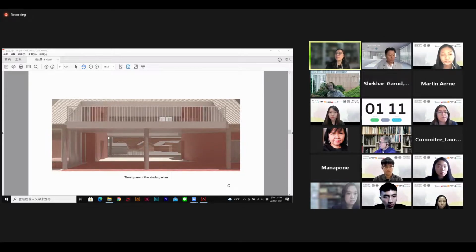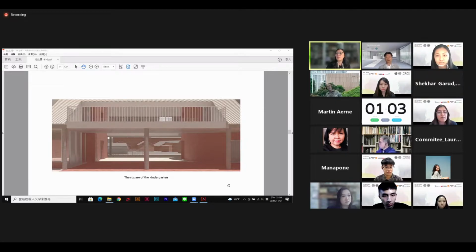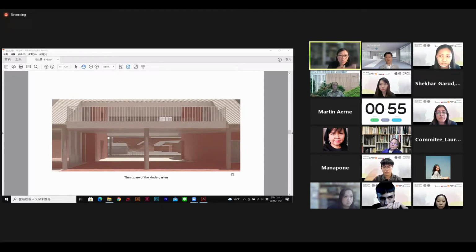What happens there? But now we cannot see that. Okay, got it. Because you cut your image. Yeah, it's not the original one. Because you have these two vertical elements actually. One is the curved wall, another is the rectangular wall.